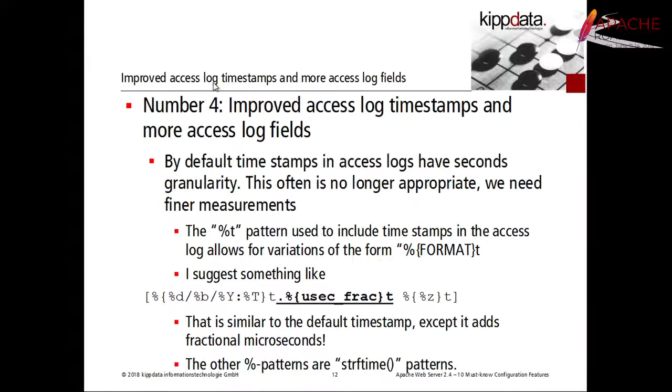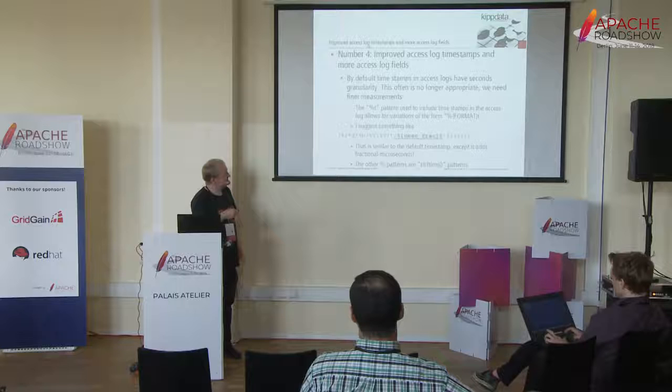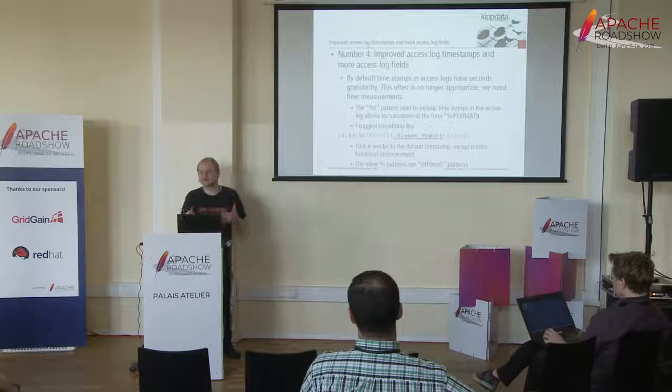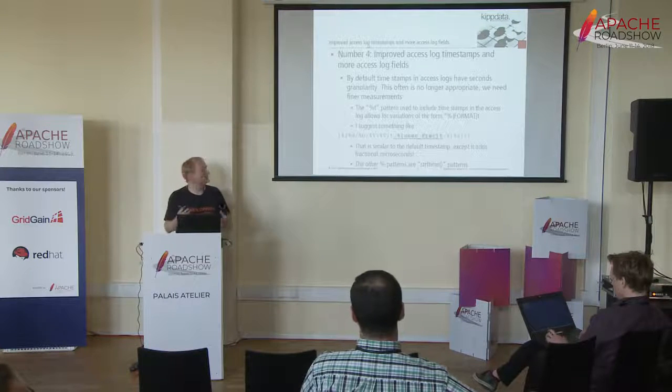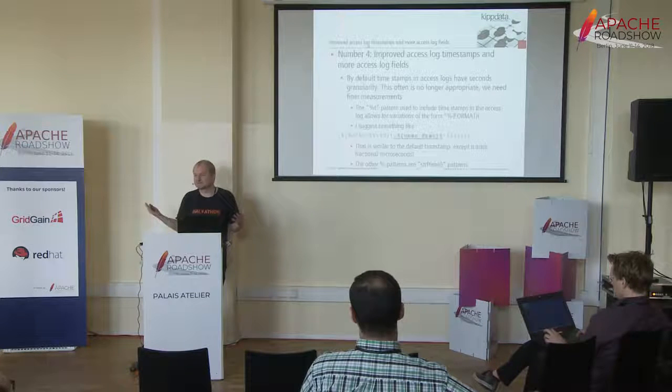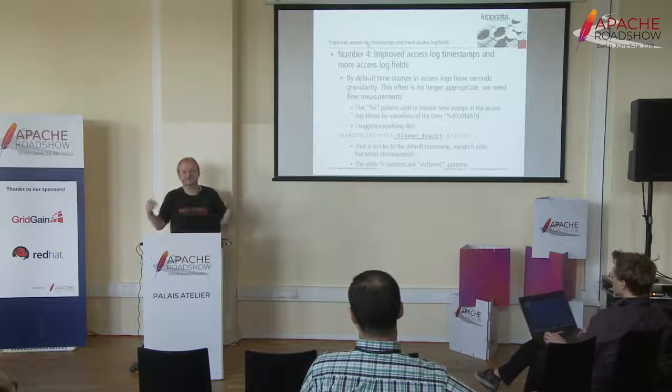Like here, there is a % curly braces, then some string, end of the curly braces, t. This string comes from the definition of the C function strftime. It already exists, and it has lots of characters where you define whether you want a numeric month format, a string month format, a short one, a localized one, etc. You can use all of the characters that your strftime implementation supports.